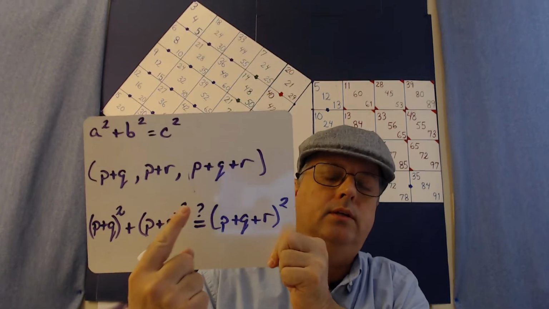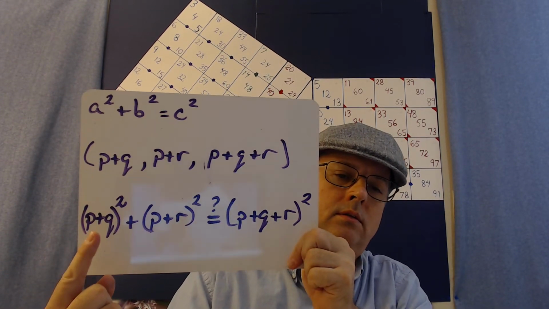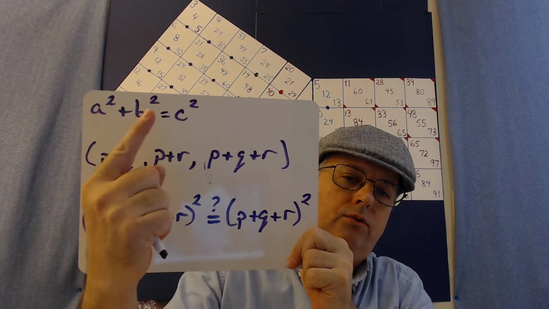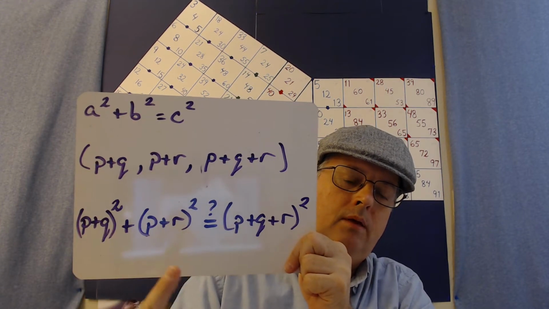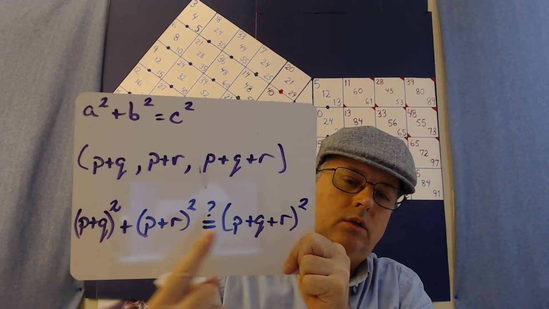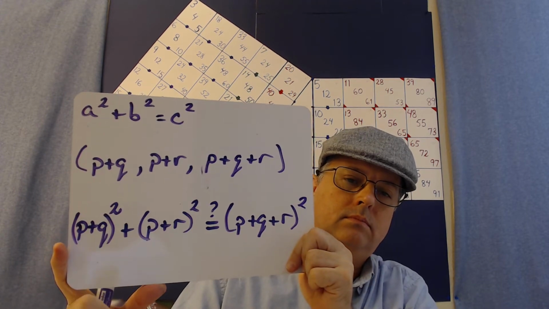So the question is this: p plus q for A and p plus r for B, will that be a solution to the Pythagorean theorem? And so let's go through that and see if that works.